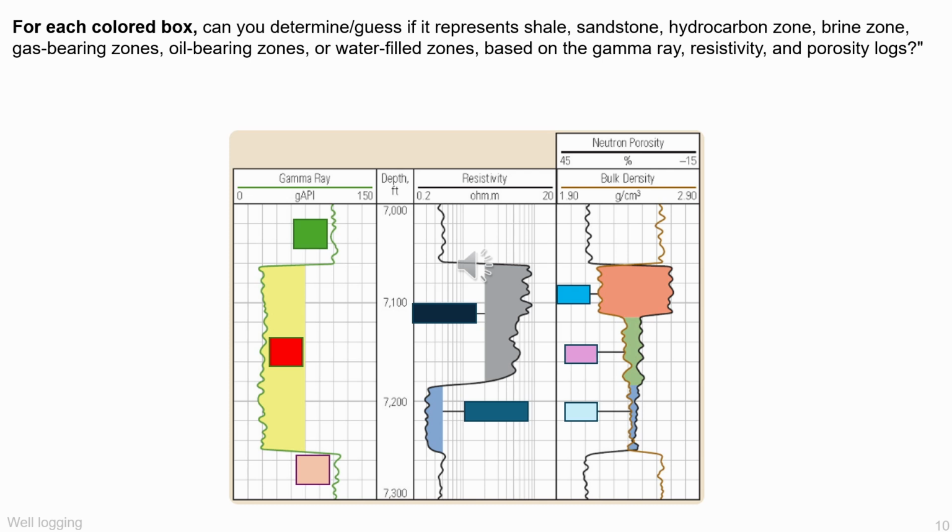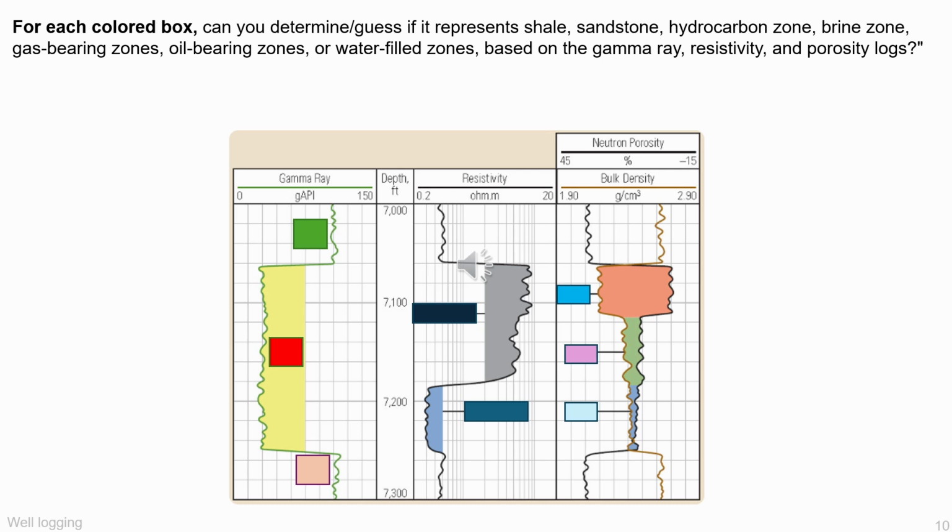This is an excellent slide because it trains students to integrate log responses. High gamma ray suggests shale. Low gamma ray suggests cleaner reservoir. High resistivity suggests hydrocarbons. Low resistivity suggests brine.